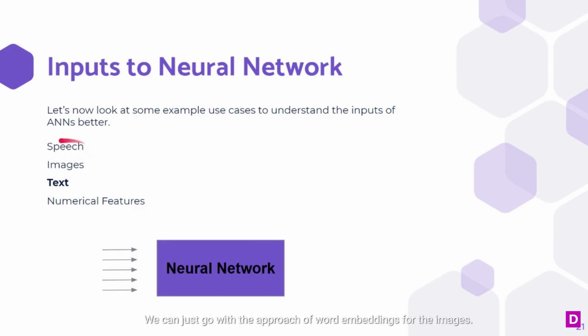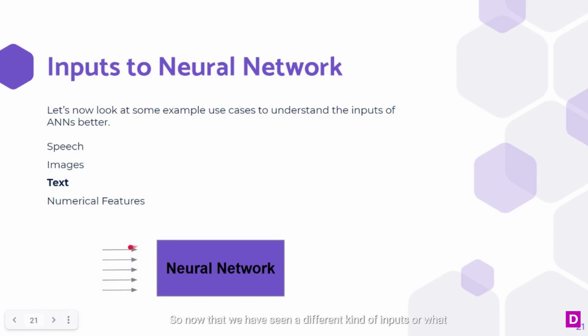We can't just go with the approach of word embeddings for images; we have to go with the approach of pixels. If it is speech, we can't go with the approach of pixels; we have other ways to do that. So on a high note, we can deal with any kind of data in the neural network, and to do that we have to follow one preliminary step to convert the data into numerical form.